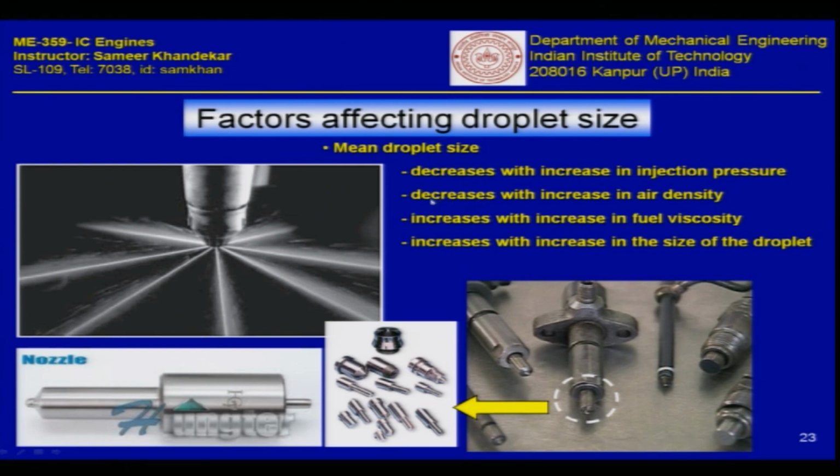Okay. Then of course, it decreases with increase in the air density. Now, please remember that the density of air in which you are actually creating this spray is not at atmospheric pressure. You have already compressed the air, and this is already at a pressure of, let us say, 30 or 35 bars when the injection starts.